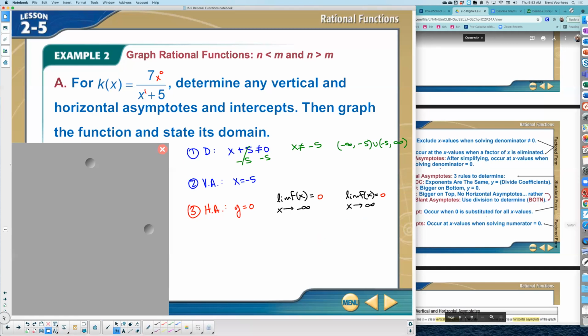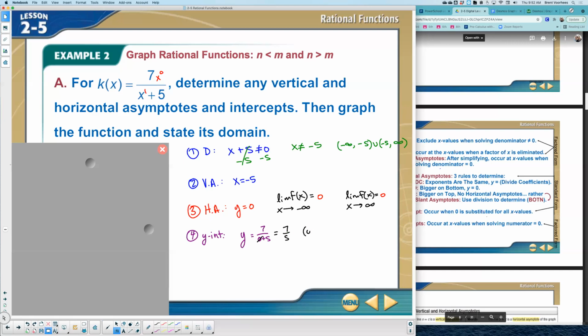All right, and finally, the intercepts. How do you find the y-intercept? Replace x with 0. So from our equation, we'd have 7 over 0 plus 5. What's that going to equal? 7 over 5.